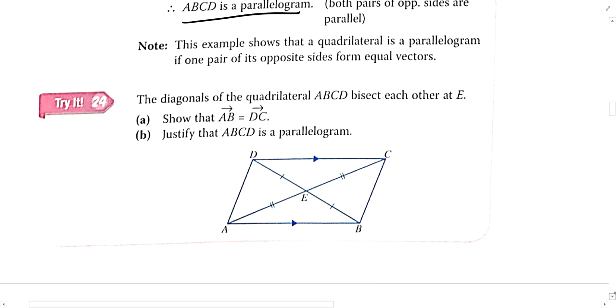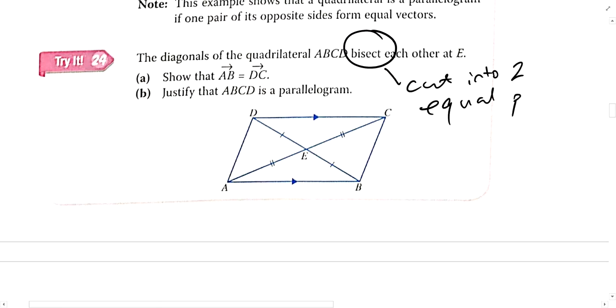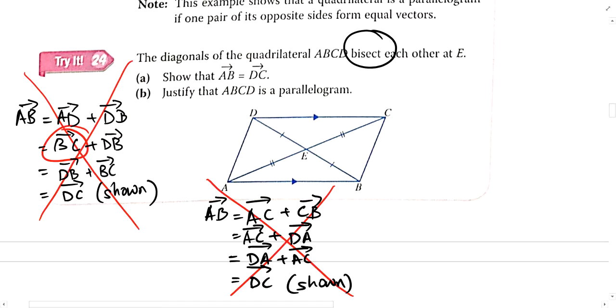So your turn to try. Try it 24. Keyword over here, bisect, which means cut into two equal parts. We start with AB. I want to rewrite it in terms of something that is given. That is point E. AE to EB.